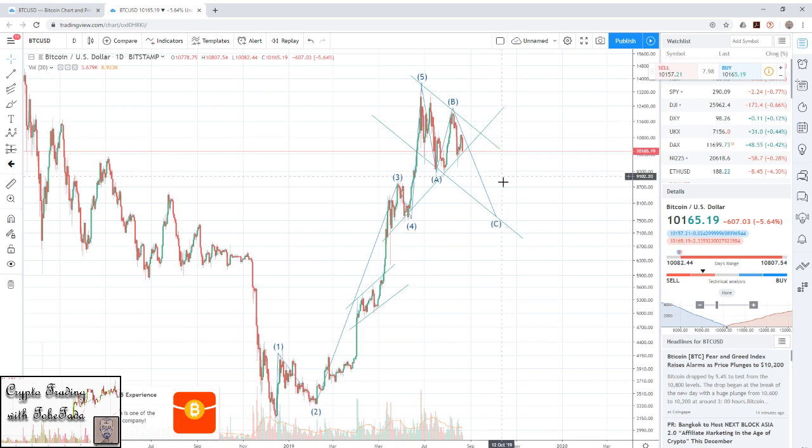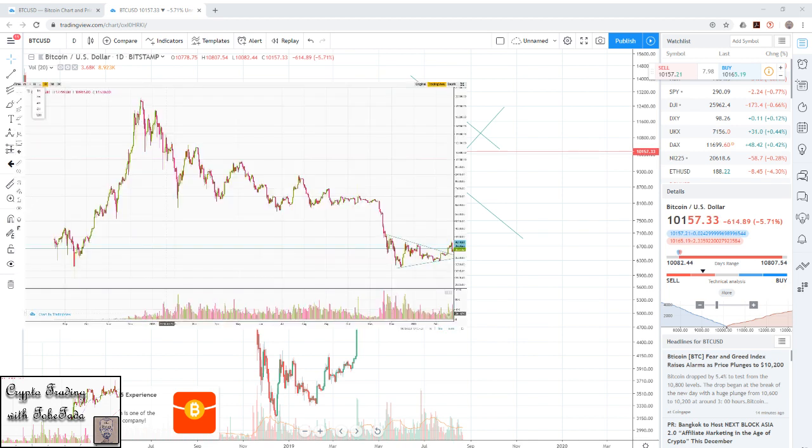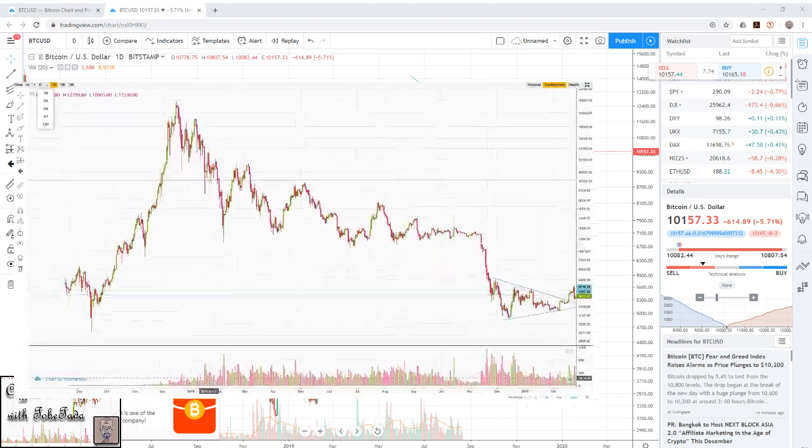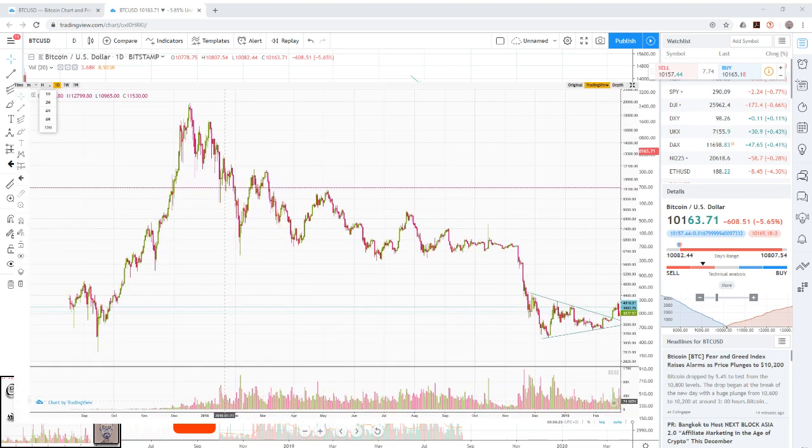And then of course we have fractals. So if we get rid of these waves here, you can see that we basically have also had the peak of 2018, in which very clearly you can see a similar pattern.